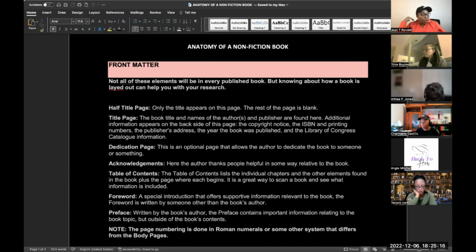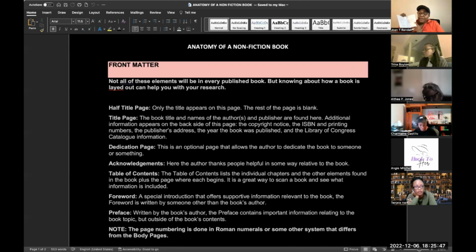I choose in all of my books that the front part of the title page has title, subtitle, and name. The back part of the title page is the copyright page. On the copyright page, you have the ISBN number, the printing number, the publisher's address, the year the book was published, and the Library of Congress information.